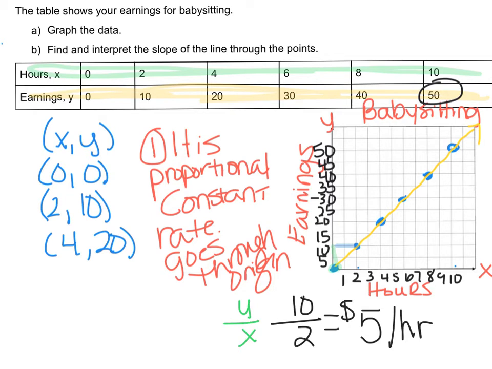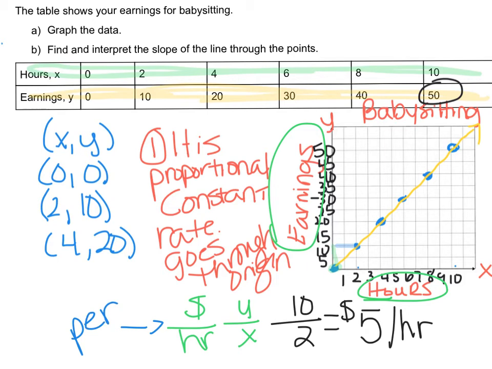Our y was our earnings, and then our x was our hours. So remember before, we talked about how that little fraction bar meant per. So we have $5 per hour. All right, great job.